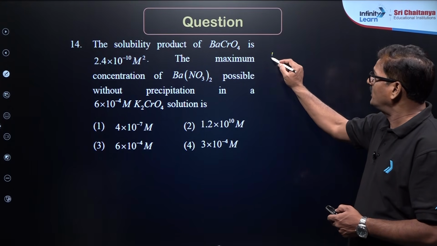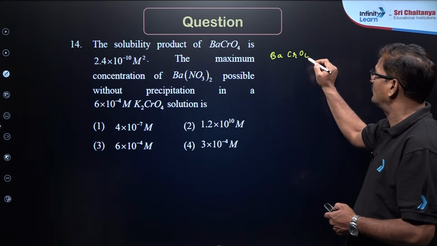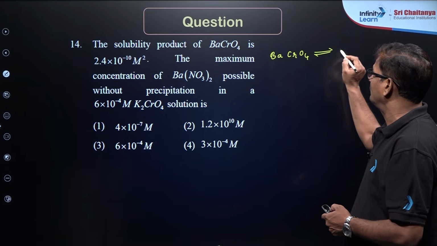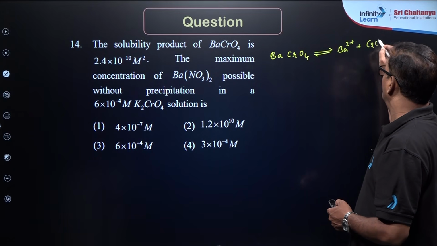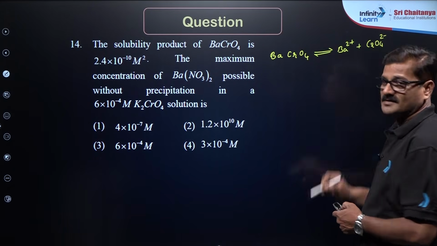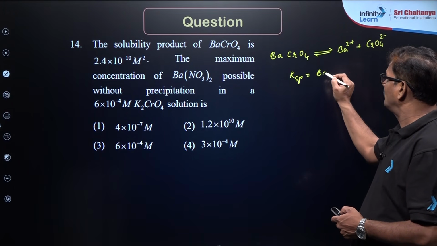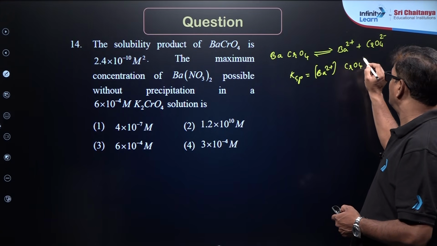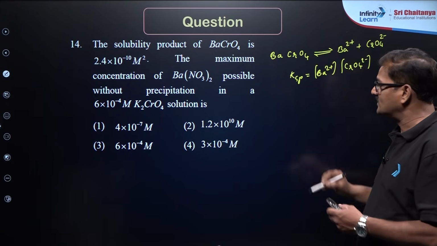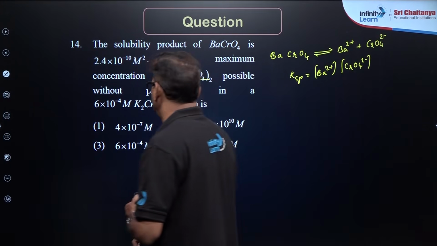So, barium chromate is a sparingly soluble salt, BaCrO4, and it is going to give you barium 2 plus and CrO4 2 minus. If you take the Ksp value here, barium 2 plus and CrO4 2 minus, you can say the maximum possible concentration of barium nitrate.